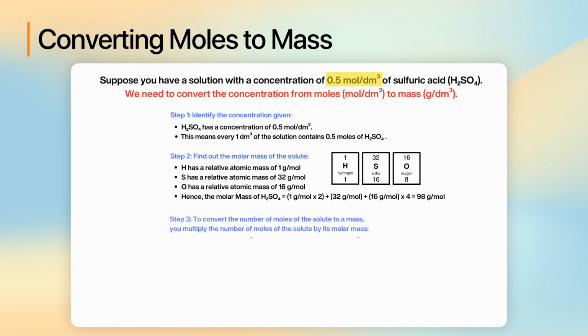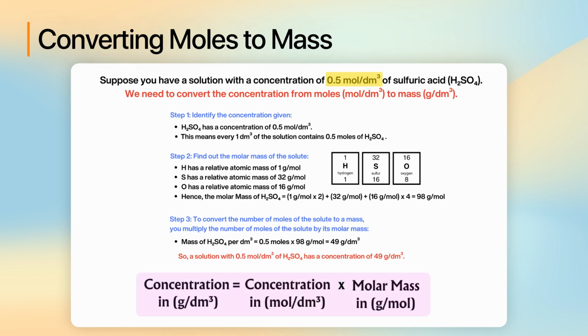To convert the number of moles of the solute to a mass, you multiply the number of moles of the solute by its molar mass. The mass of H2SO4 per decimeter cubed is equal to 0.5 moles multiplied by 98 grams per mole, which is equal to 49 grams per decimeter cubed. So, a solution with 0.5 moles per decimeter cubed of H2SO4 has a concentration of 49 grams per decimeter cubed.